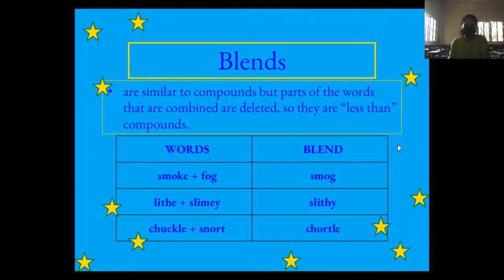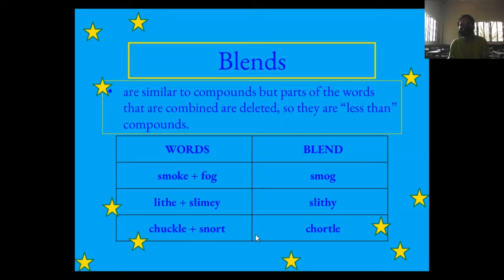Blends. Blends are similar to compounds, but parts of the words that are combined are deleted, so they are shorter than compounds. So these are the words smoke and fog, smog. These are the blended words. Slimy and lithe, slithy. Chuckle and snort, chortle.